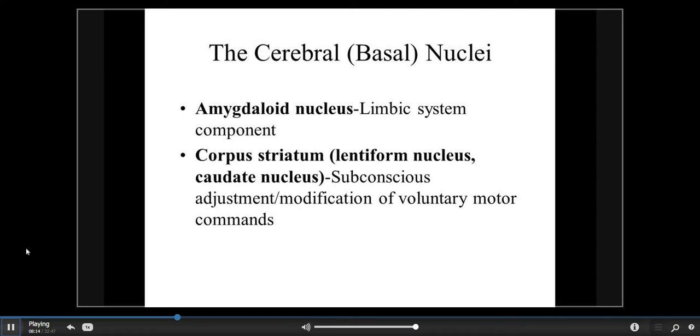But with basal ganglia, you know that you're alluding to the structures that are depicted here on this slide. You'll find a component of the cerebral nuclei is the amygdaloid nucleus. This is a component of your limbic system. You have the corpus striatum that includes the lentiform nucleus and the caudate nucleus. Now, these parts are involved in your subconscious adjustment and modification of voluntary motor commands.